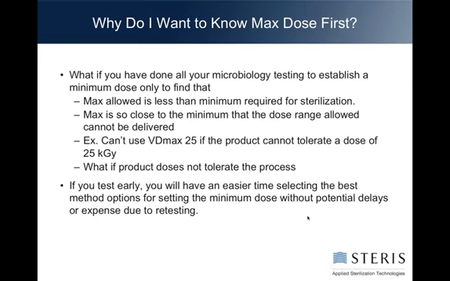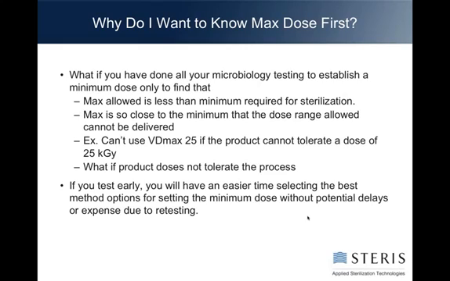That's one of the terminologies we mentioned last week, which was dose uniformity ratio. Look at that maximum versus the minimum. If those numbers are too close together, there may be no room for you to be able to process your product. You may find that your minimum, if you say, for example, use the approach of VD Max 25 and did all your testing and everything passed the way you wanted it to, you now have that you can sterilize your product at a minimum of 25 kilogray.